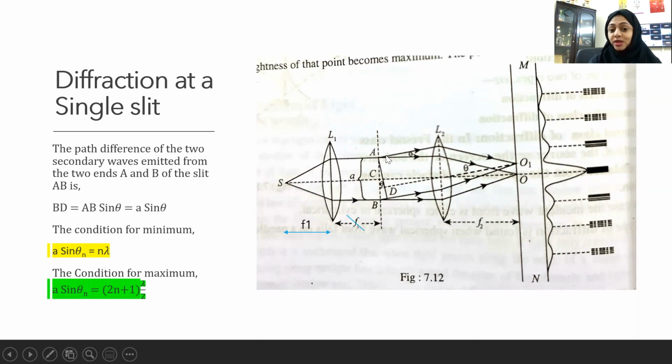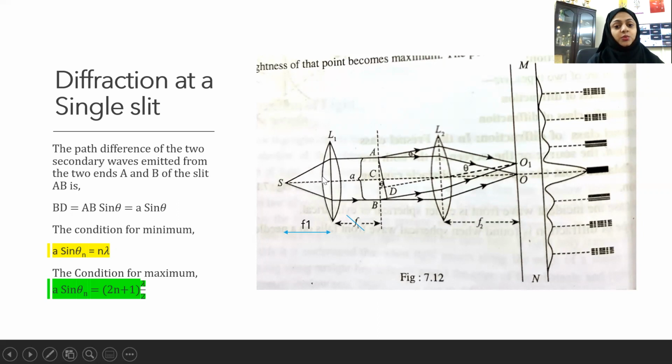We know that when parallel beams of light pass through a convex lens, they get converged at the principal focus. So F2 is the focal length of lens L2. Here you can see the light rays which are coming here parallel go through the slit and they are focused on a screen here.